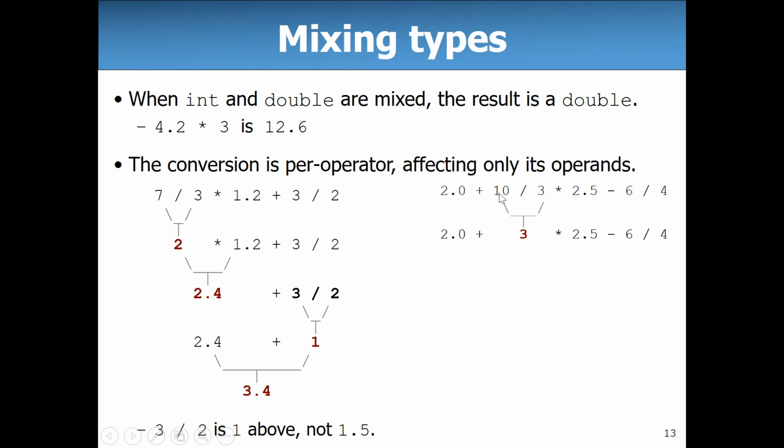So not 2.0, but 10 divided by 3 gives us 3 via integer division. And then we do 3 times 2.5, which gives us 7.5. And then we do 6 divided by 4, right? And that's integer division, and 4 goes into 6 only once. So we get 9.5 minus 1.